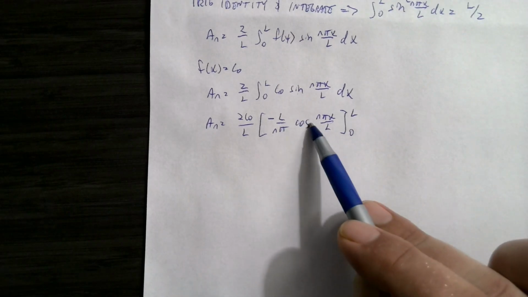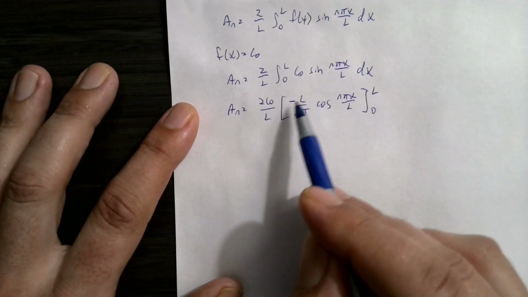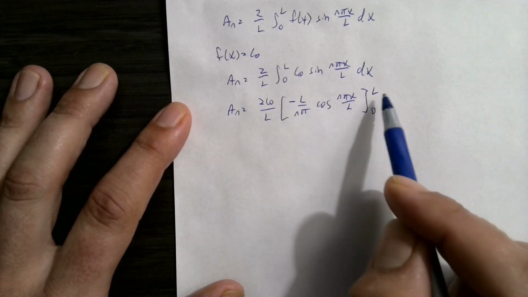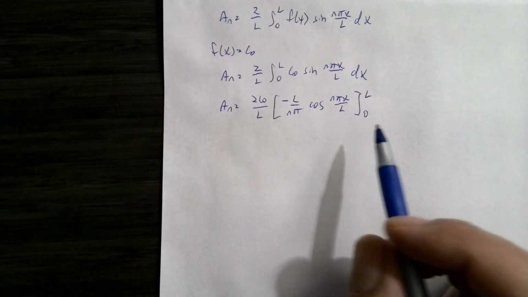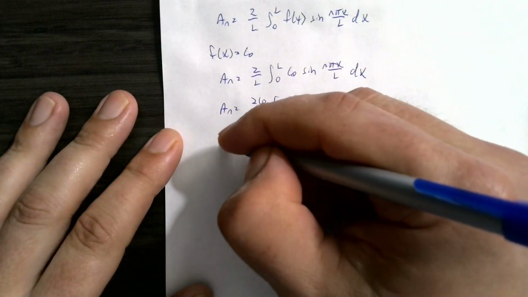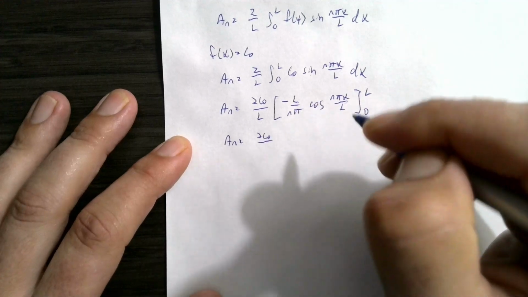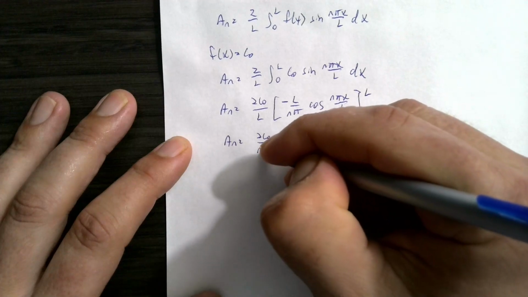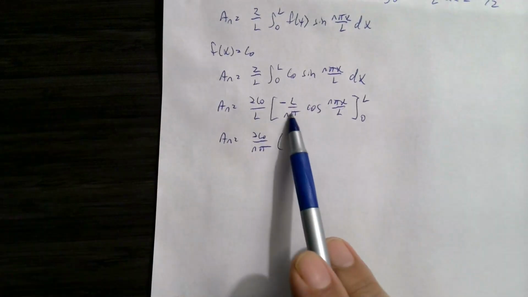Okay, so this should have a derivative of that, and I pulled the c0 out. These terms here are all constants, so they can come out because they'll be in each term. And then we're left with a sub n equals 2c0 over, and so looking at the L's, those are going to go away. 2c0 over n pi times, so again, pulling that out.